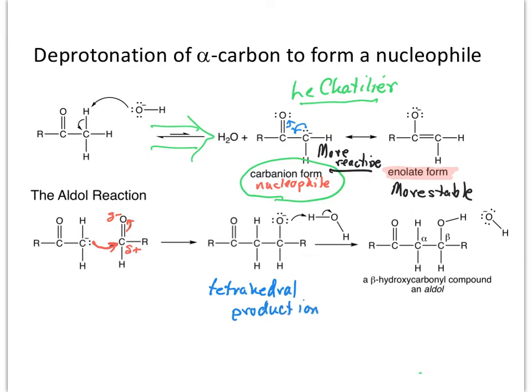That's a common result when you attack an sp2 hybridized carbon of a carbonyl with a nucleophile. We get, right, that same atom ends up being sp3 and tetrahedral in the product.